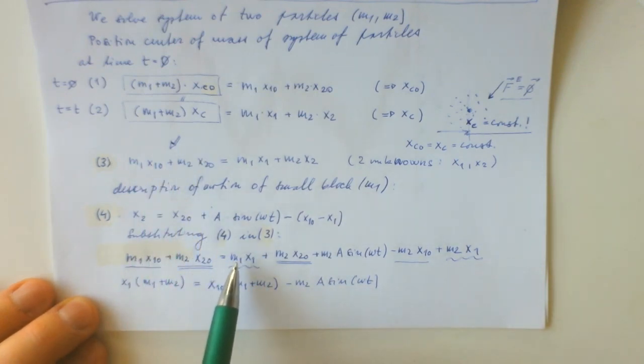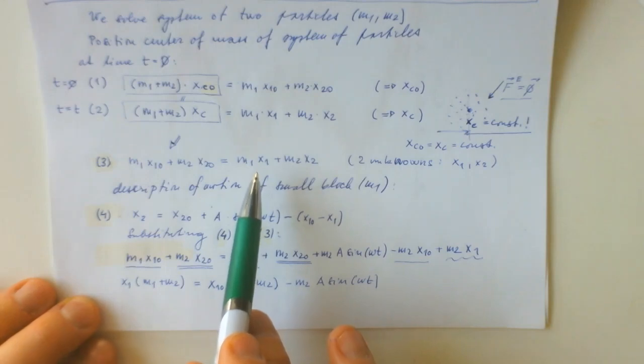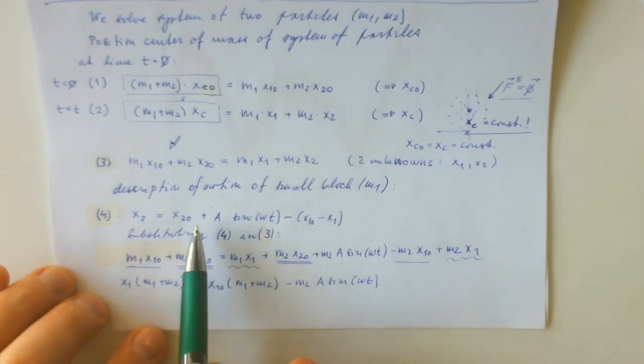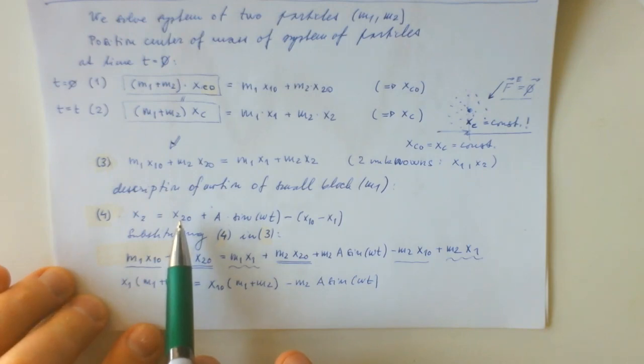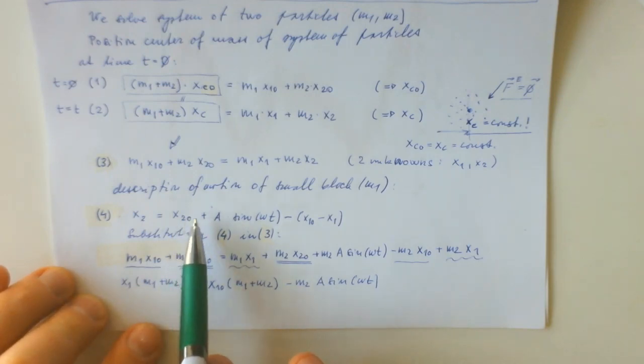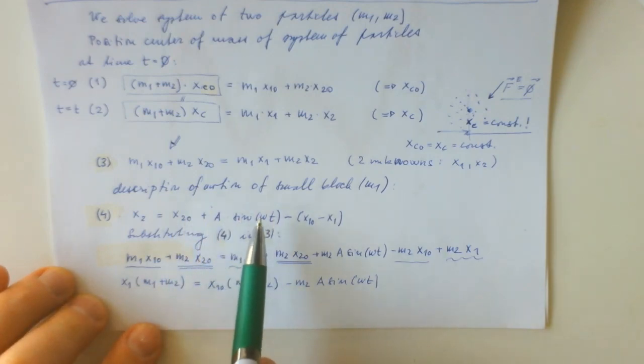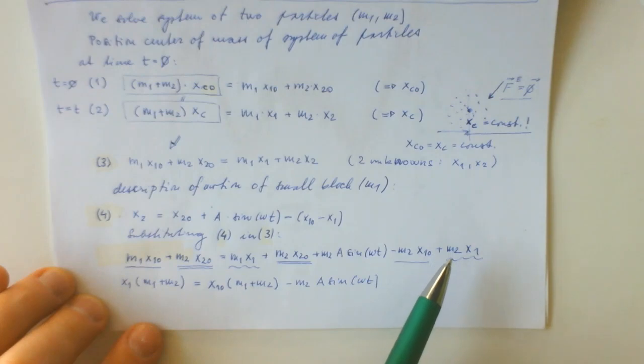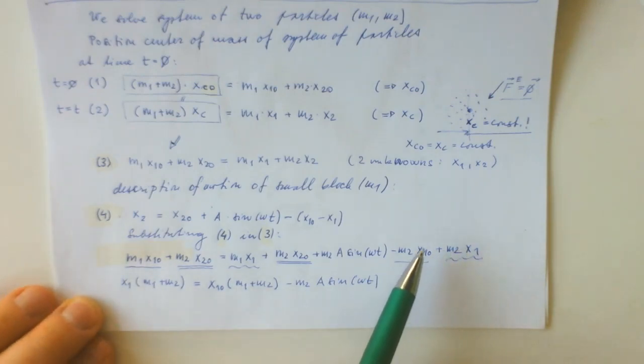We are copying m1x1 from here and m2 times this, and we multiply this. So it is m2 by this, plus m2 by this, minus m2 by this, plus m2 by x1.